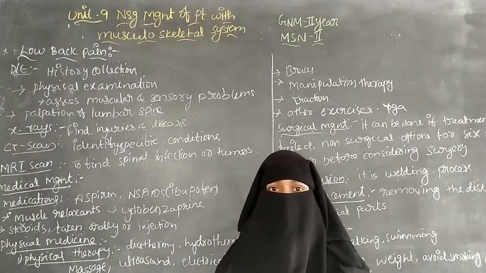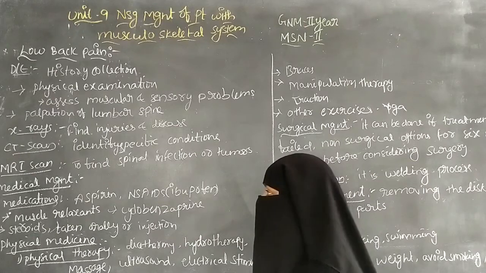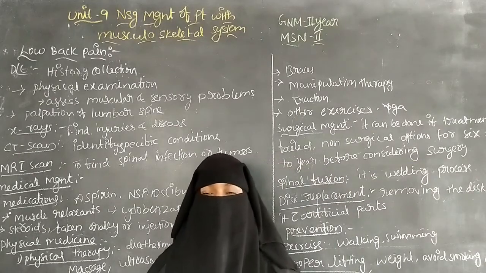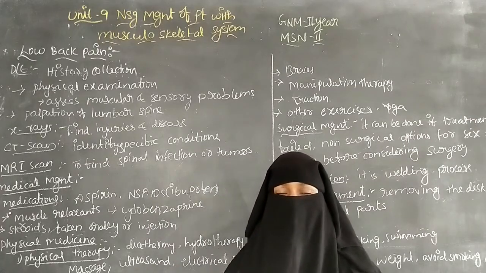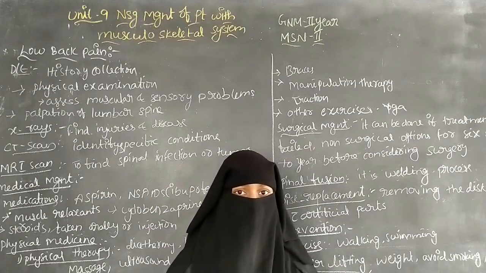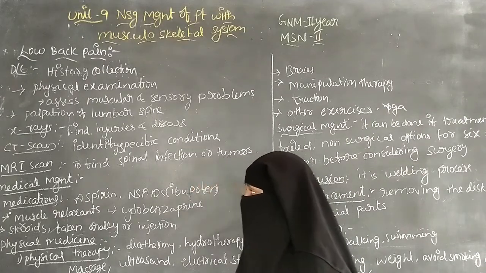It is magnetic resonance imaging, used to find spinal infection or tumors. If any infection is present in the spinal cord, or any tumor or malignancy is present in the bones, we can identify it by the MRI scan.